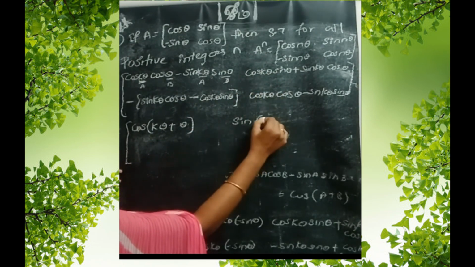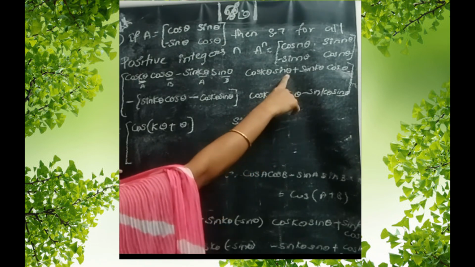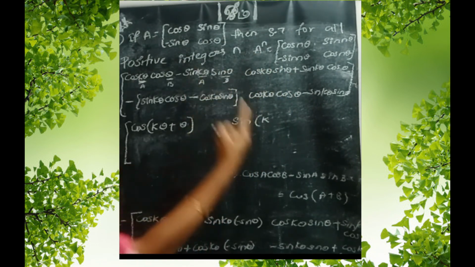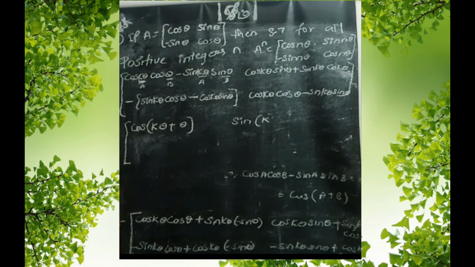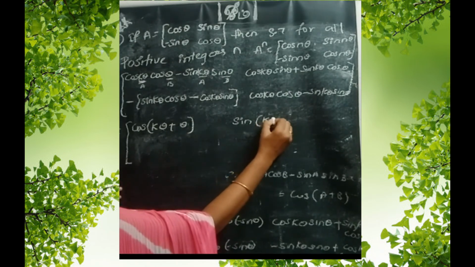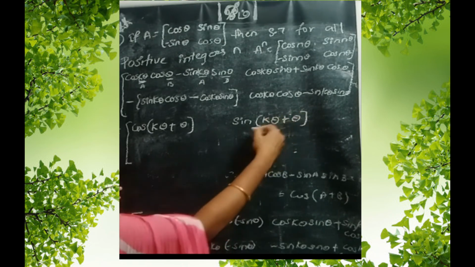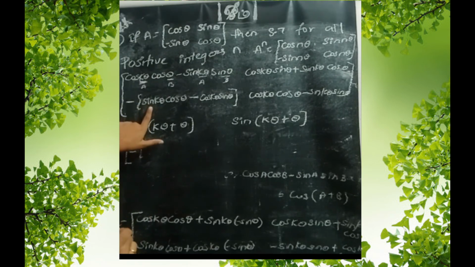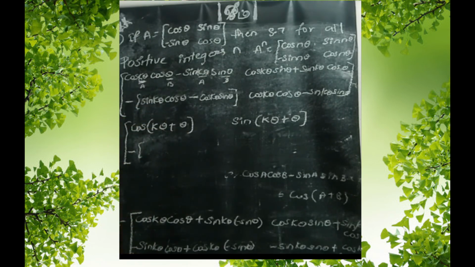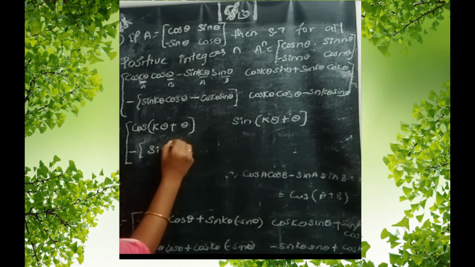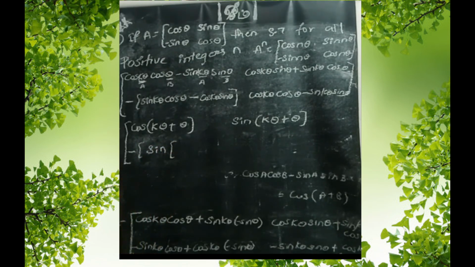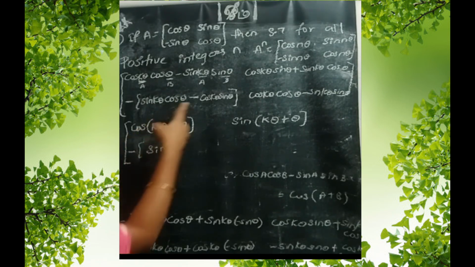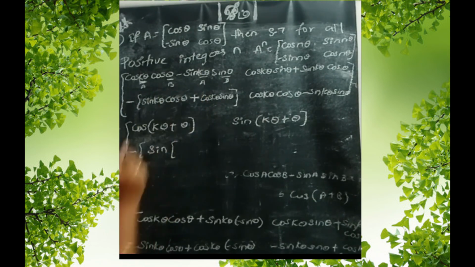So here sin A cos B plus cos A sin B, whatever the order, we get k theta plus theta or theta plus k theta, that's your wish. So sin A cos B minus cos A sin B is another formula. So here minus will be common. Sorry, here it should be plus. Why?